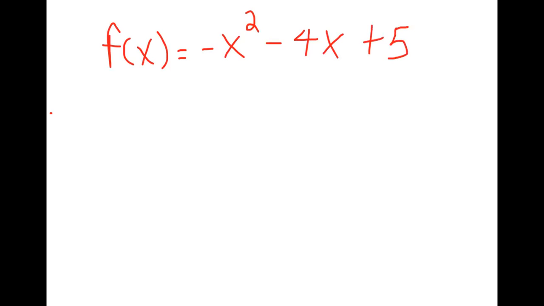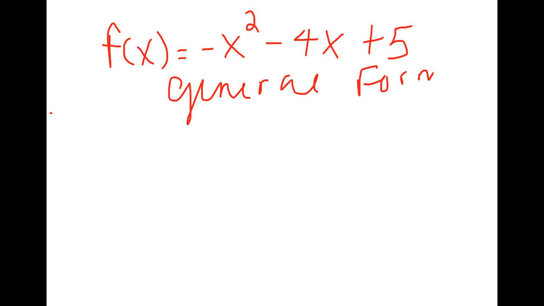f of x is equal to negative x squared minus 4x plus 5. All right? Now, this one right here, guys, is called the general form. When we talk about the general form of the quadratics, or the general form, guys, of these second-degree equations, we have to do a lot of work in order to be able to graph it.